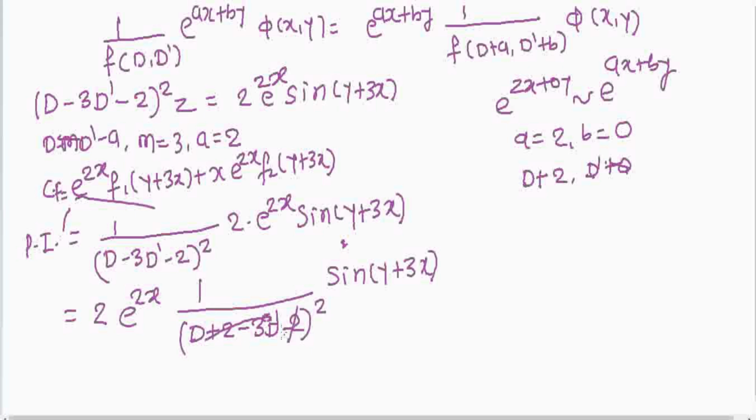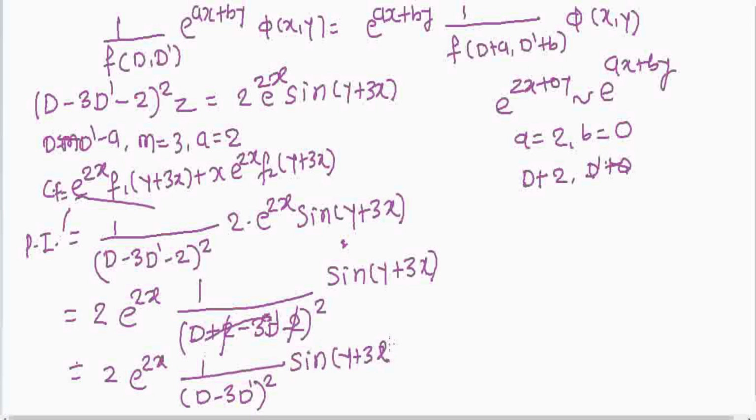Plus 2 and minus 2 get cancelled, and we have 2 into e raised to 2x into 1 divided by (D minus 3D dash) whole square operating on sine of (y plus 3x).